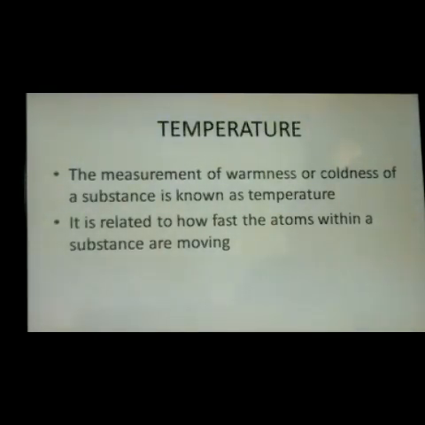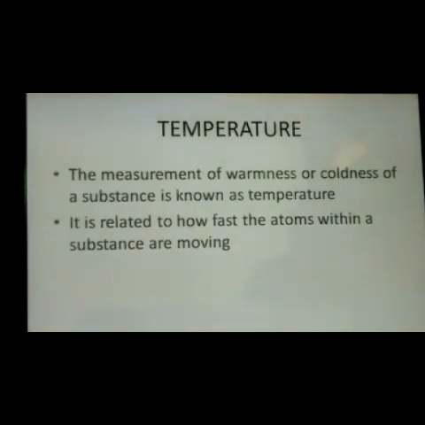Temperature is involved in many aspects of our daily lives, including our own bodies and health, the weather, and how hot the stove must be in order to cook food. So, temperature is the measurement of warmness or coldness of a substance.